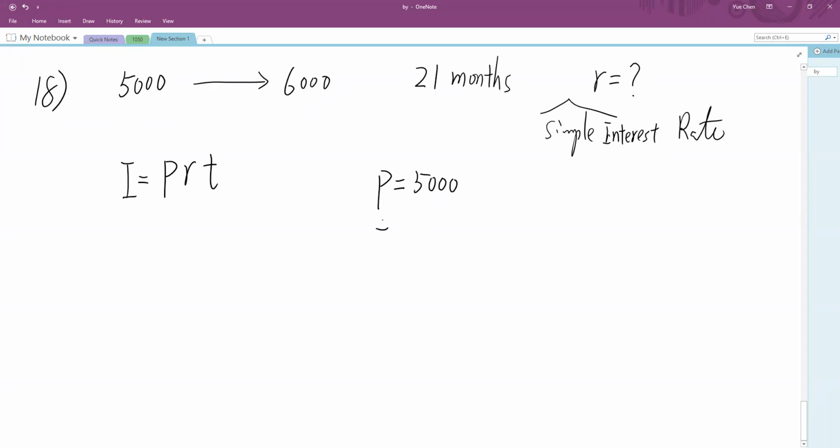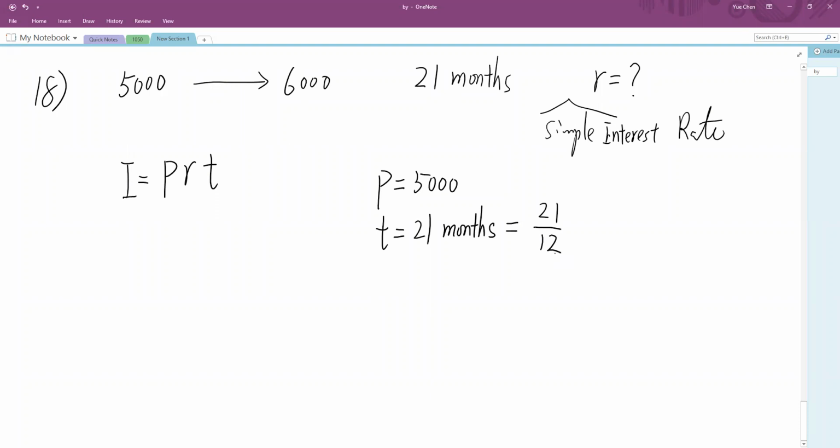What is T? 21 months, right? But you remember in the formula, T is always used in years. Okay, so we need to convert 21 months to years. How do we convert it? Divide by 12, right?